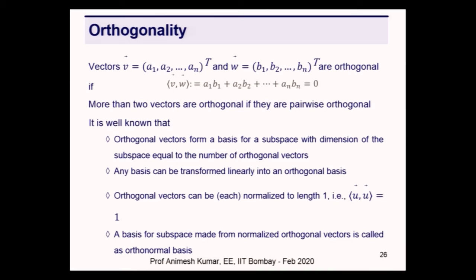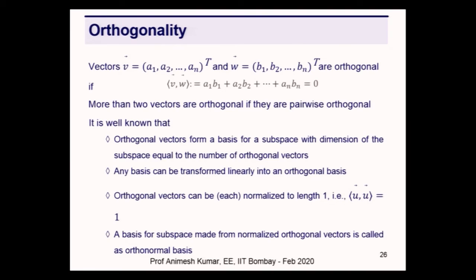If you have doubts, feel free to ask me after the class, but I am assuming that you would have seen it. It's just a recap. Similarly, orthogonal vectors can each be normalized to length 1. So you take orthogonal vectors and divide each by its length, so that you get orthogonal vectors of unit length.